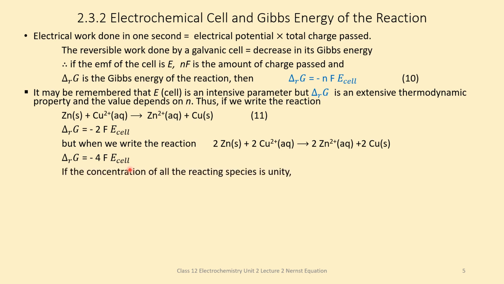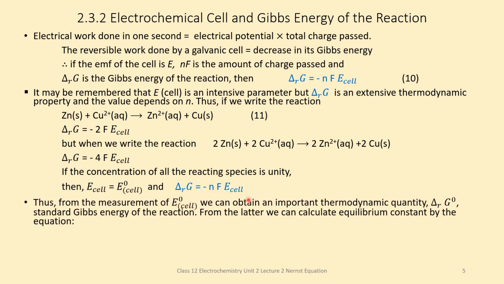Thus, from the measurement, if the concentration of all the reacting species is unity, then E of cell is equal to E standard, the standard electrode potential, and delta rG0 is equal to minus nFE0 cell.